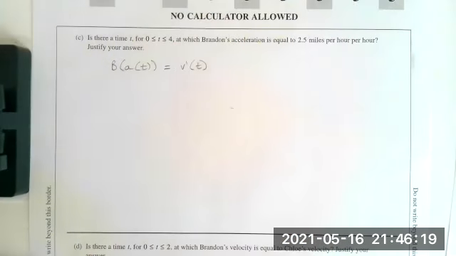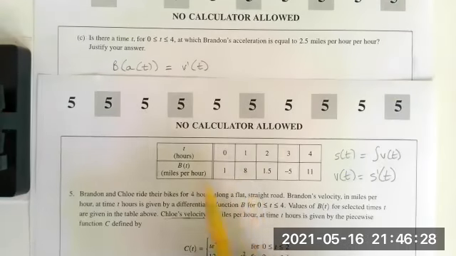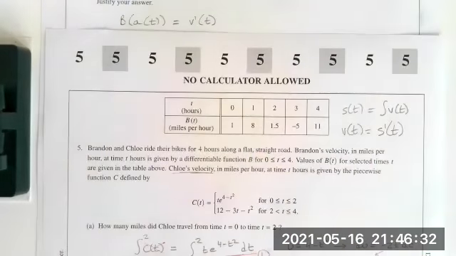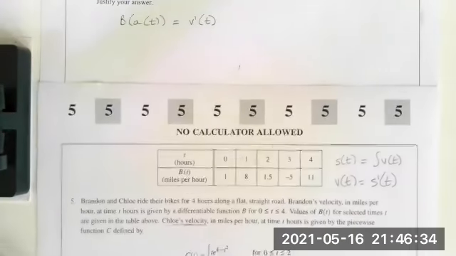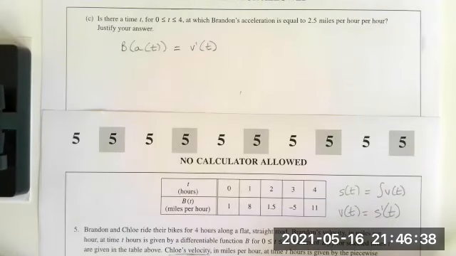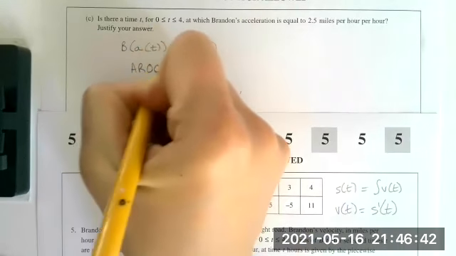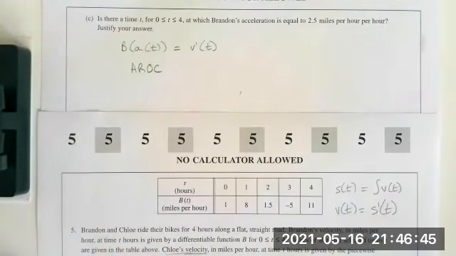All right, do we have any information about Brandon's velocity? Yes, we do. We have a chart of data of Brandon's velocity right here. So we can't just find a derivative. Instead, what we're going to have to do is check some good old-fashioned average rates of change.